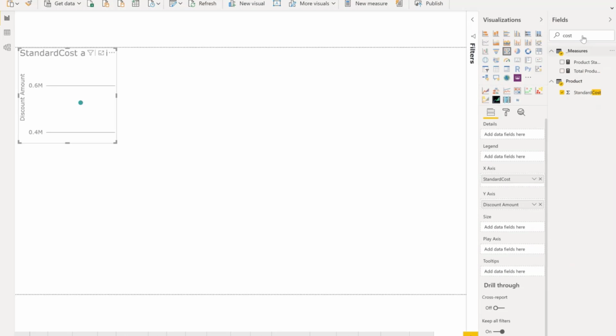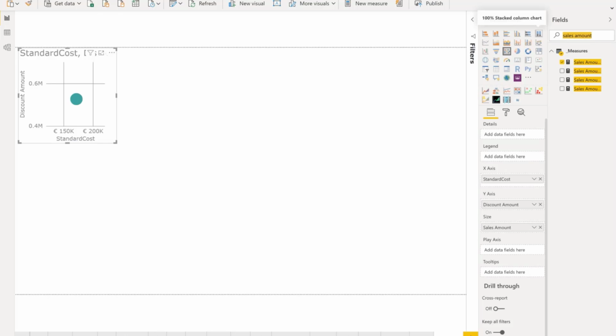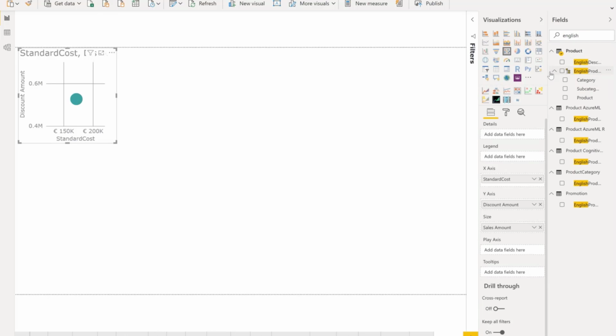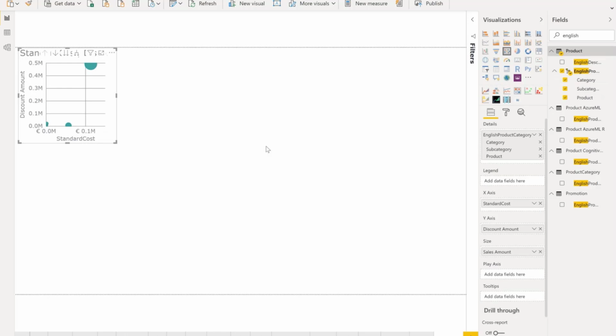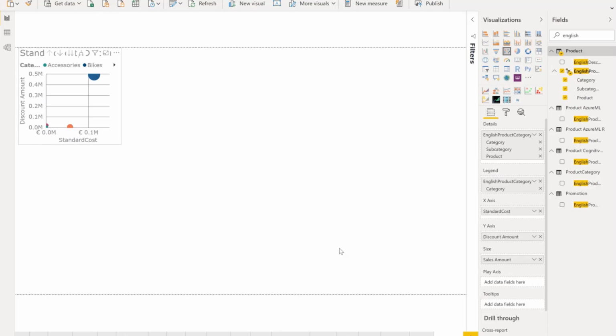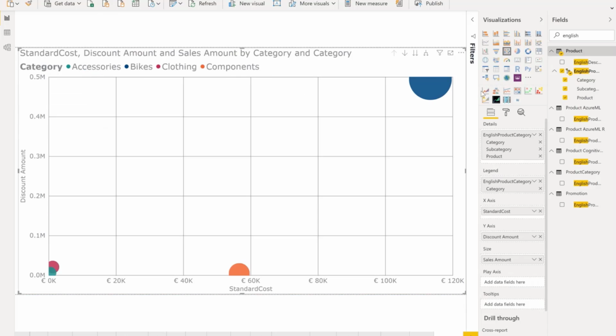And then we have the sales amount on the size. I put in the English product name. We have here the English category. Here's the English product name. That's the details we want to see, and different colors for the categories. And no, I don't. I only want the products here, not the categories.